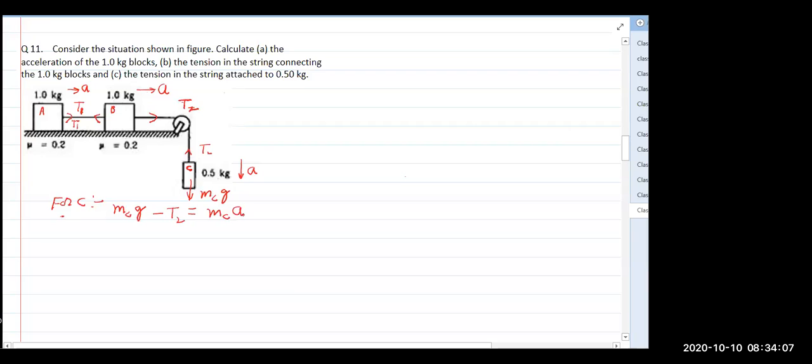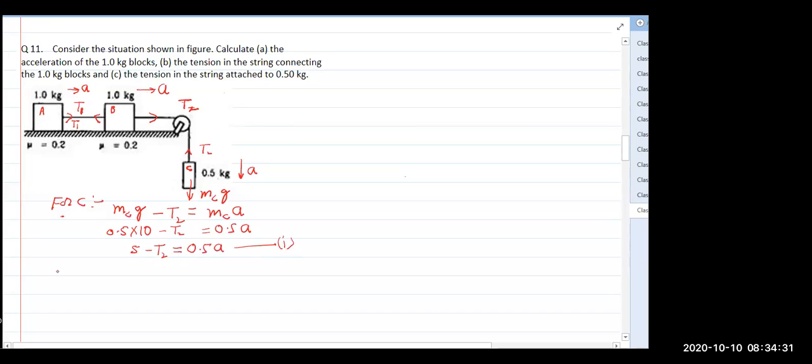So we can write mcg downward minus T2 upward equal to mca. Now we can put in the values. mc is 0.5 kg, so 0.5 into 10 minus T2 equal to 0.5A. So we are getting 5 minus T2 equal to 0.5A. This is equation 1.